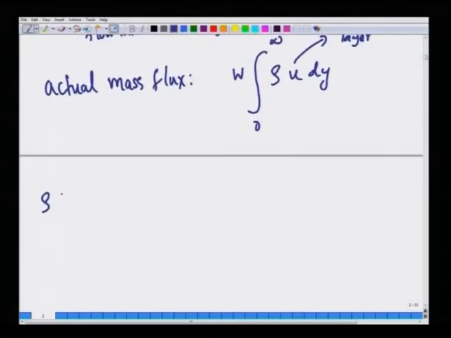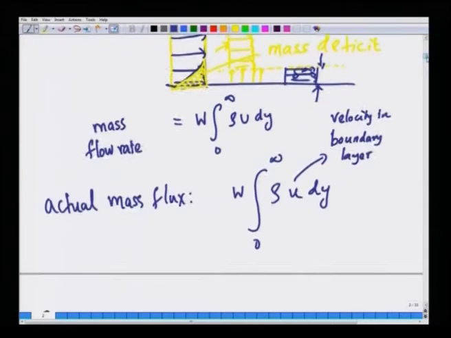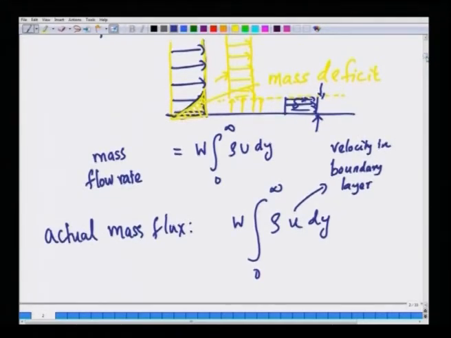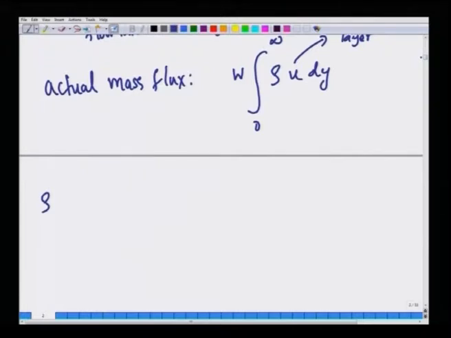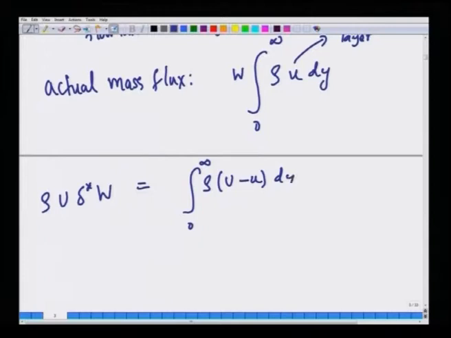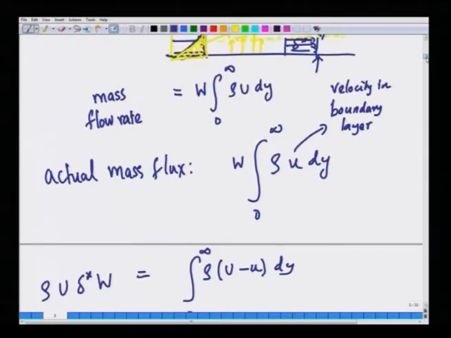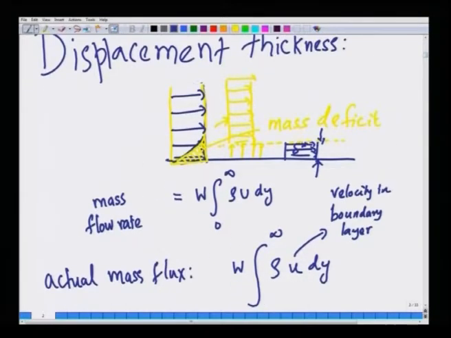So, the mass deficit due to the lifting of this imaginary surface by an amount delta star is simply rho U delta star w, but that must be equal to integral rho times (capital U minus small u) dy, because capital U minus small u is the deficit. If you remember, the yellow profile is small u here, and the blue profile is capital U. The difference is this deficit, which is shaded in yellow.